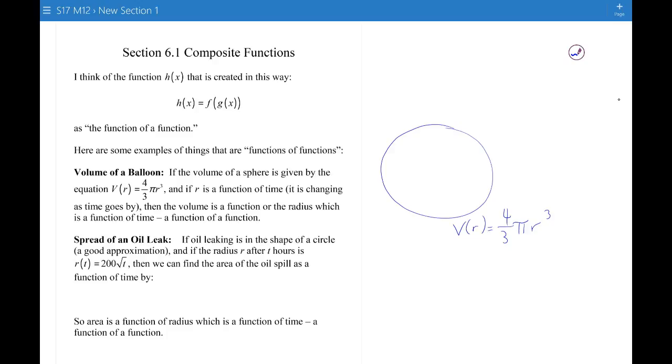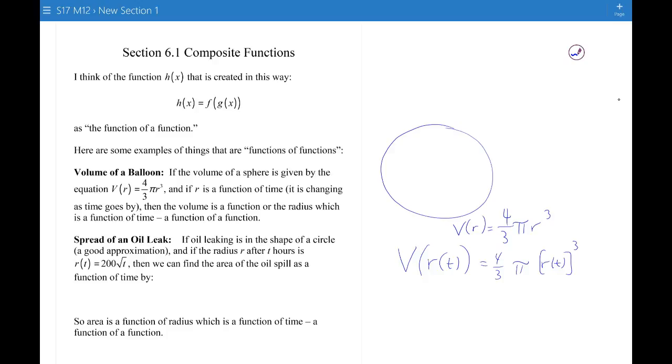But then suppose the radius is changing as time is changing. So then you have a function that's a volume as a function of radius, which is a function of time. So you'd have 4/3 pi and then r of t, whatever that looked like, cubed. So maybe r is doubling every minute or something like that.